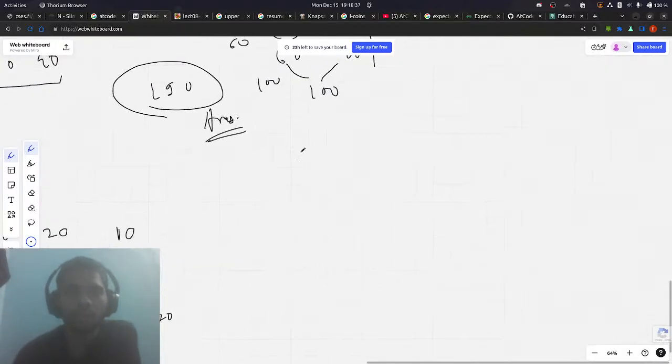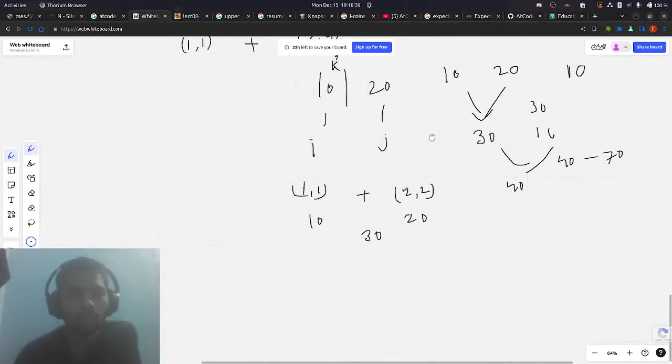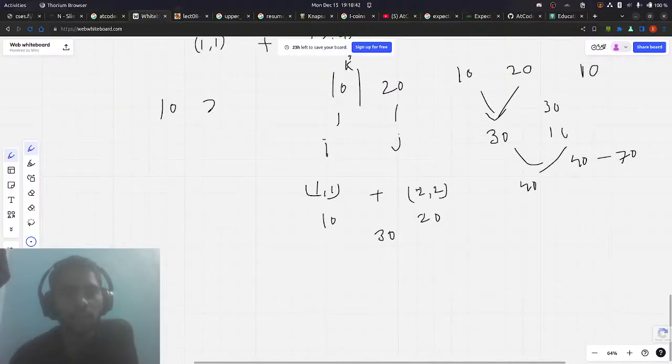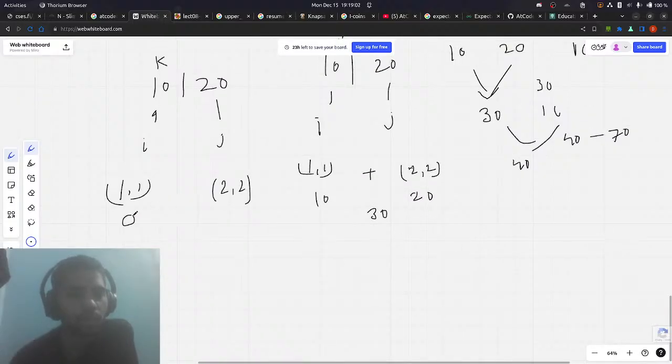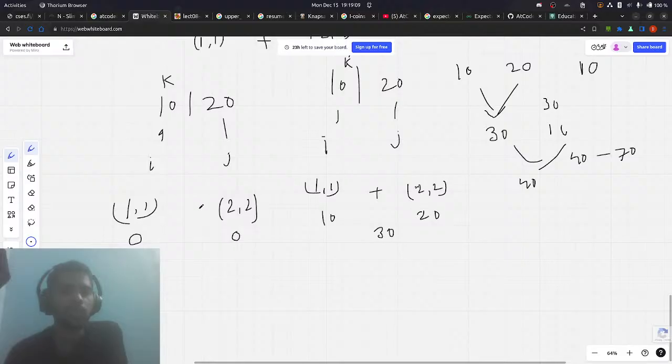Okay. For 10 and 20, we start from here, we end it here. K is initially here, and then K goes here. So it is partitioned right now as 1 1 and 2 2, and we know that the answer for these is nothing but 0, since we are not combining anything, we are just at a single slime, so it will be 0.